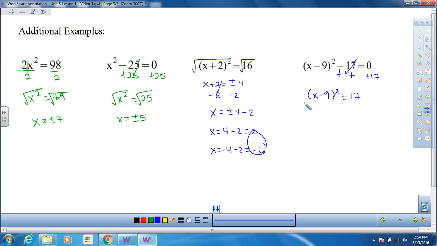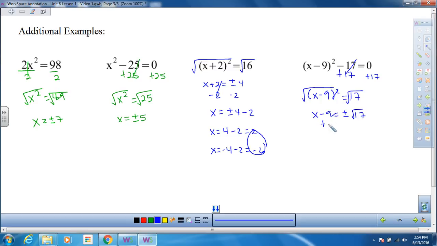And then I have to square root x minus 9 to get rid of the square. So that's x minus 9 equals plus or minus the square root of 17, which in your calculator gives you this long decimal. It's irrational. So for now, let's just leave it as square root 17.